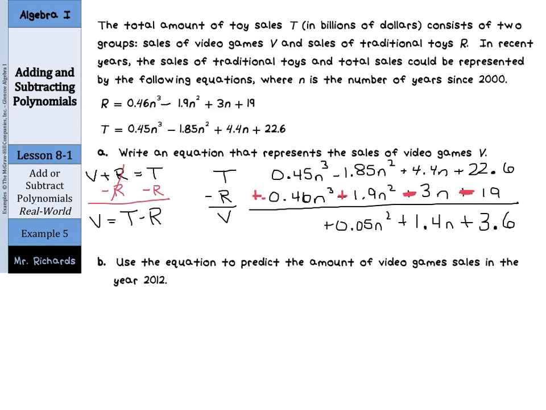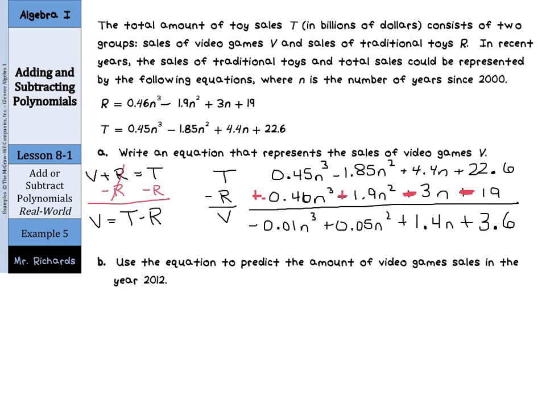And then lastly, we have 45 hundredths n cubed plus a negative 46 hundredths n cubed, which is just a negative 1/100th n to the third power. And that's the equation. Negative 1/100th n cubed plus 5 hundredths n squared plus 1 4/10 n plus 3 6/10 is equal to video games V.